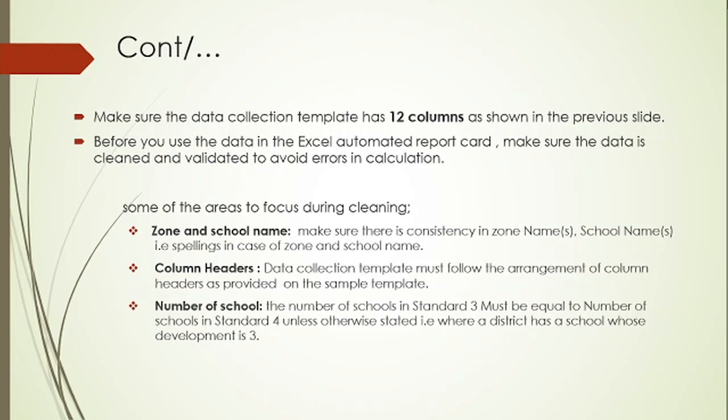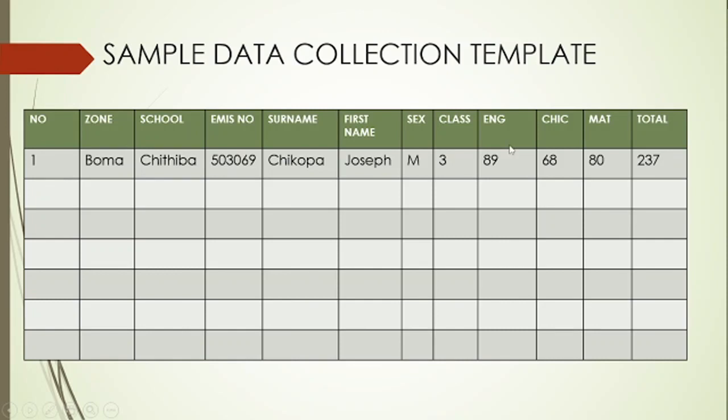Then column headers. The data collection template must follow the arrangement of the column headers as provided on the sample template. We had this sample template, so you see that here there is English, Chichewa, mathematics.